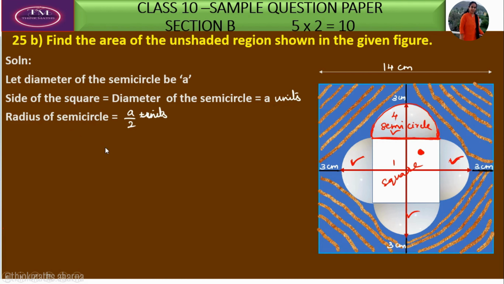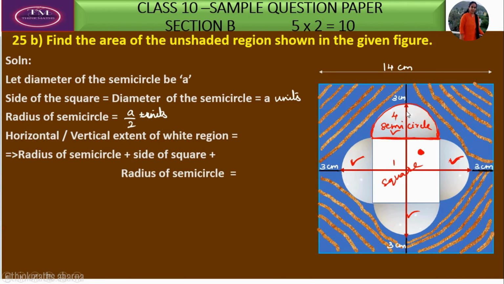Now what do we have to find? We have to find the horizontal and vertical extent of the white region. So this arrowed line, we have to find this length, the horizontal or vertical extent of the white region. How is it found? It is nothing but this portion.